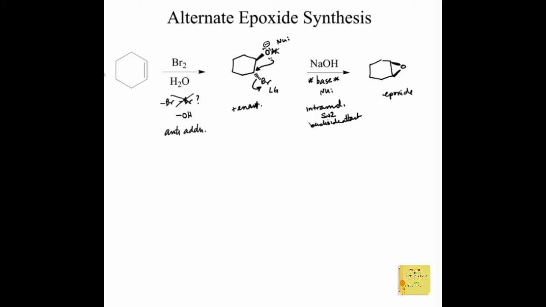Well, maybe I have some other functional groups on this molecule that are sensitive to oxidizing agents, so it might not be suitable to do an oxidation reaction, but I could still convert the alkene to an epoxide by doing electrophilic addition and then a base-promoted substitution reaction.